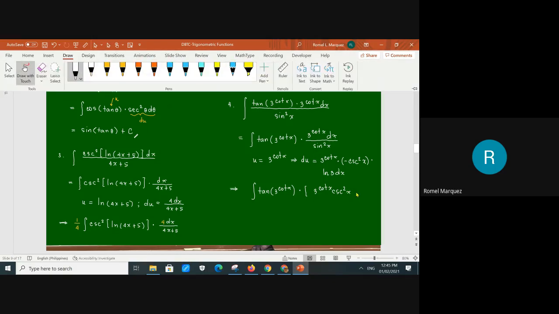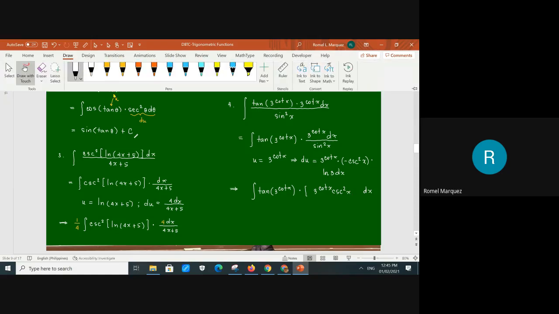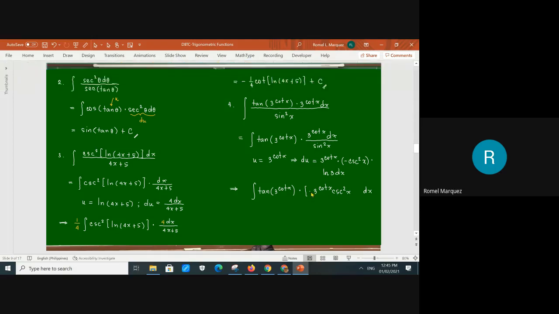Then what else? dx, no? Yan, dx. Okay? So what are we going to supply, guys? Anong isusupply natin? So supply natin negative because we want it to have negative there, together with what, guys? ln3 po. ln3.